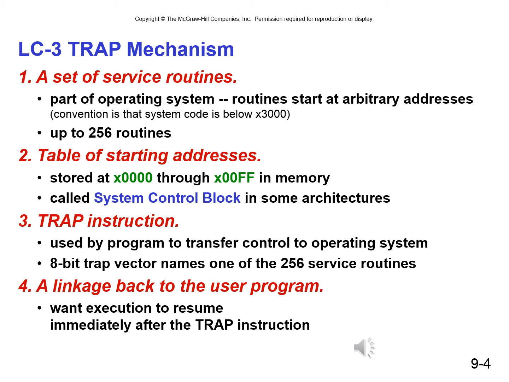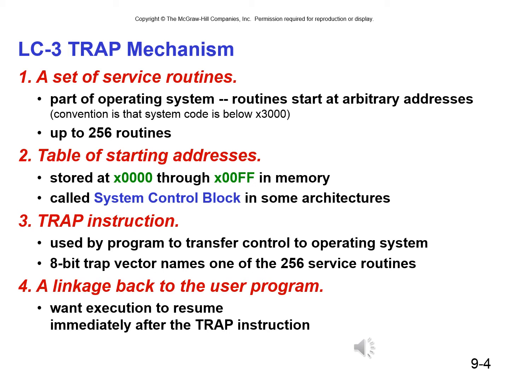So we have up to 256 trap routines. And to access the trap routines, we have a trap vector table, which is also called system control block, the more generic name for this. And the trap vector table is a table of starting addresses for the actual trap routines. And it starts at hex 0 through hex 00FF in memory.